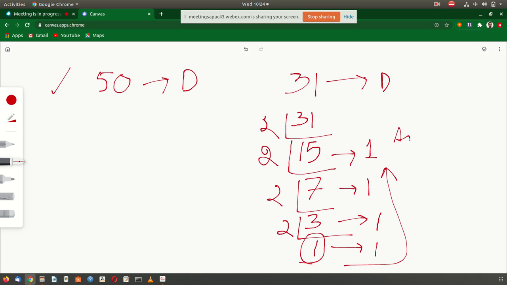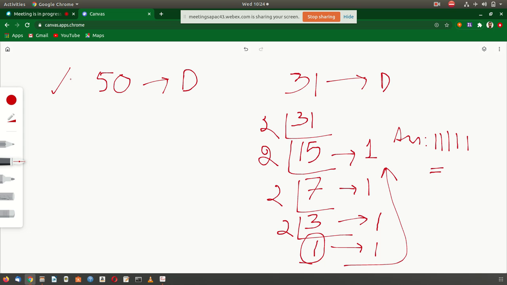We write the answer starting from the bottom and going to the top. So the answer is 1, 1, 1, 1, 1. So this is the answer for 31. You can do the reverse calculation, multiplication, and check yourself whether your answer is correct or not.